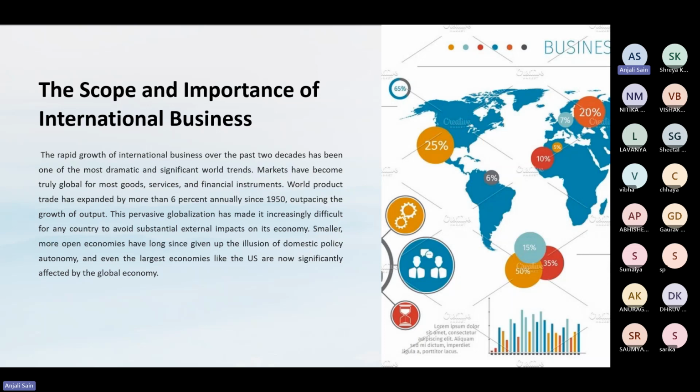World product trade has expanded by more than 6% annually since 1950, outpacing the growth of output. These are the million numbers which indicate how much world trade has increased since 1950. This pervasive globalization has made it increasingly difficult for every country to avoid substantial external impact on its economy.